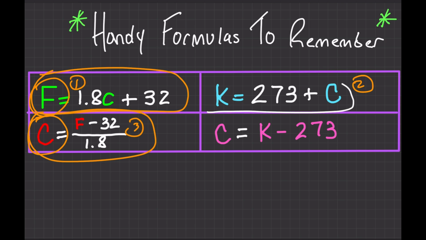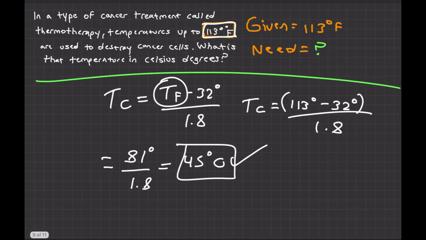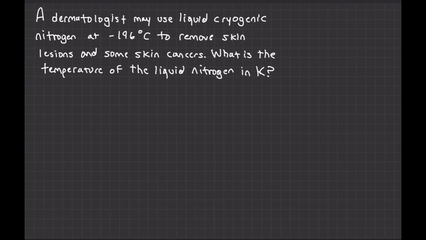We'd be using this, right? We're trying to figure out the Kelvin. So we would just do TK, temperature in Kelvin, because that's what we're trying to find out. Temperature in Kelvin equals TC plus 273.